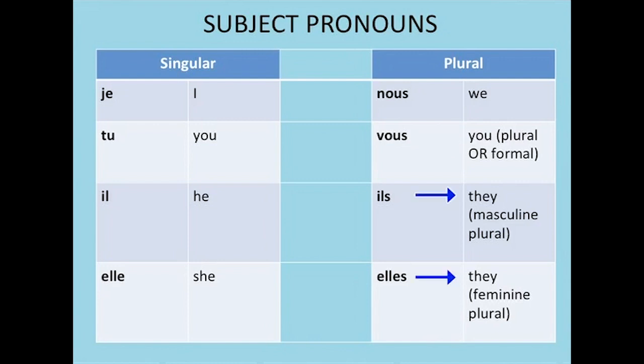Ils and elles both refer to they, but ils refers to a group of males, while elles is specifically meant for a group of females. So here are the 8 subject pronouns in French grammar. These 8 subject pronouns are used for the conjugation of almost all the verbs in the French language. Two important pieces of information concerning this have been included in the notes.